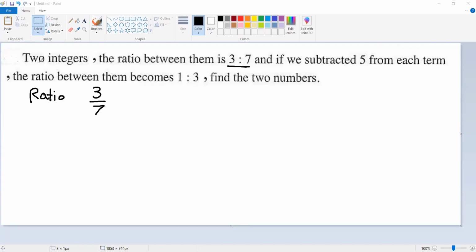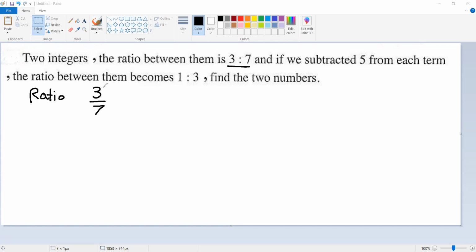Two integers. The ratio between them is 3 to 7. And if we subtract 5 from each term, the ratio between them becomes 1 to 3. Do you remember the story when I said to you that if the ratio is 3 to 7, that means it's not 3 and it's not 7.